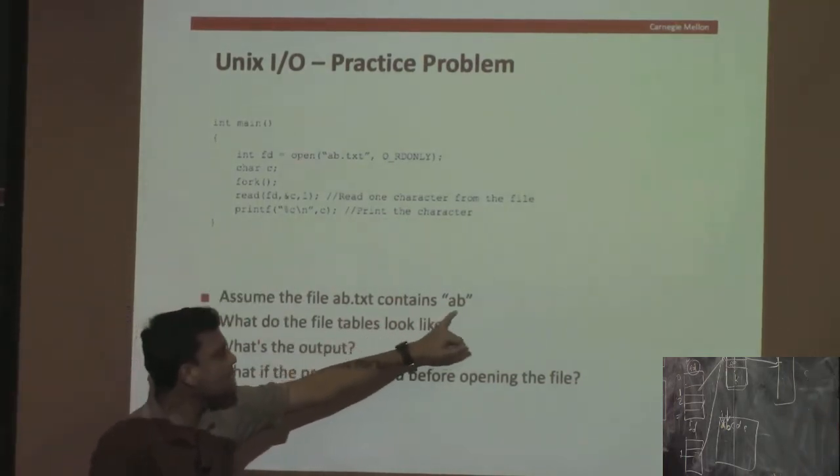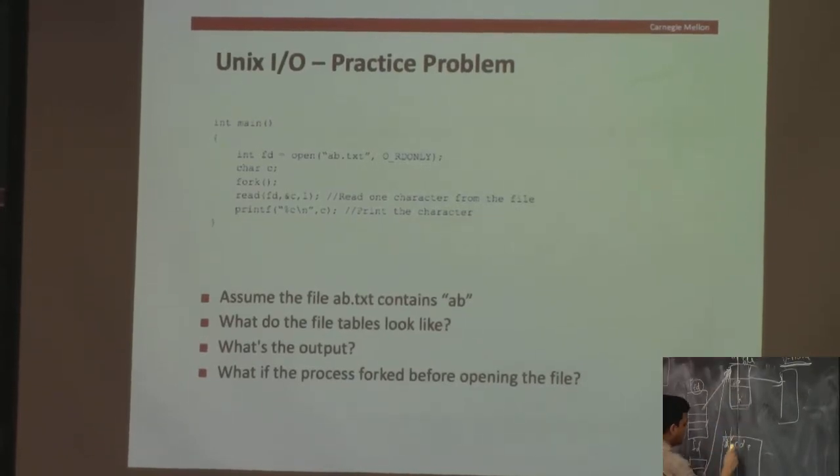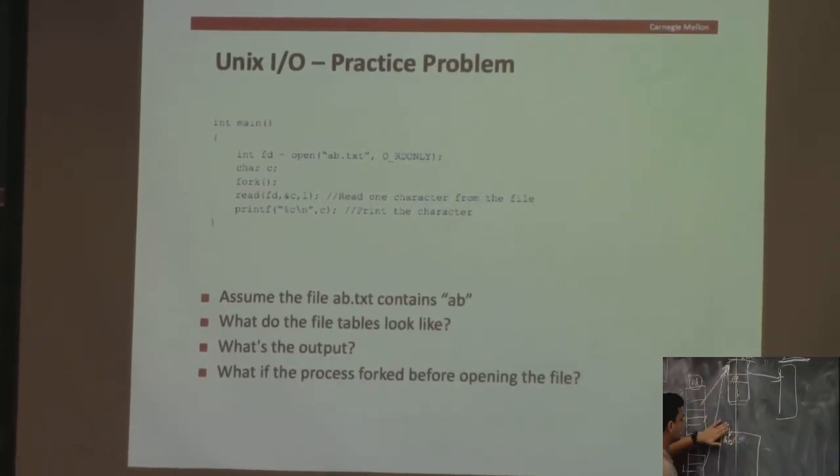Since both of them point to the same open file table, they have a single file pointer which indicates the current data being read. So if you have A, B, and the parent runs first, it will read A and probably print A. Once the child runs, it will do a read, and it will read from the current position of the file pointer.